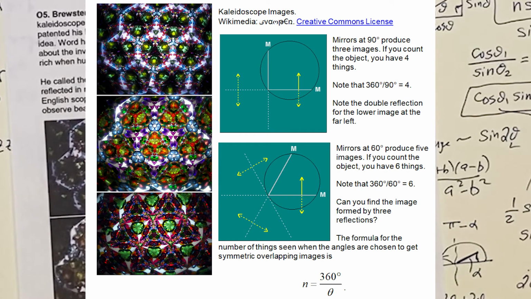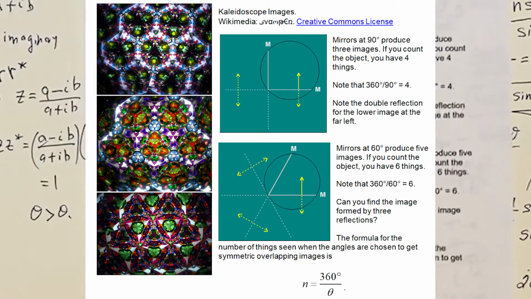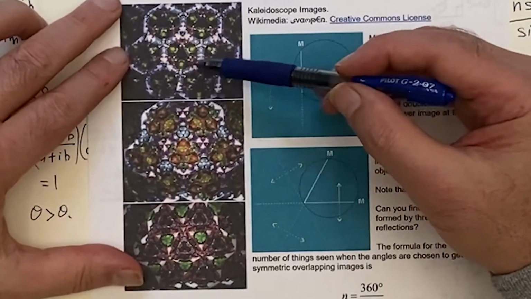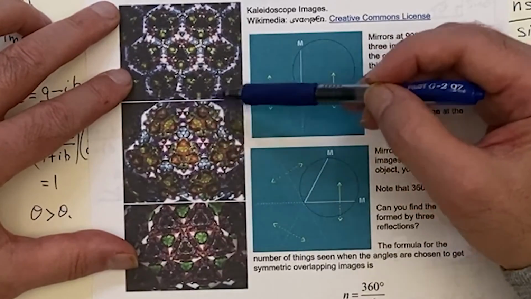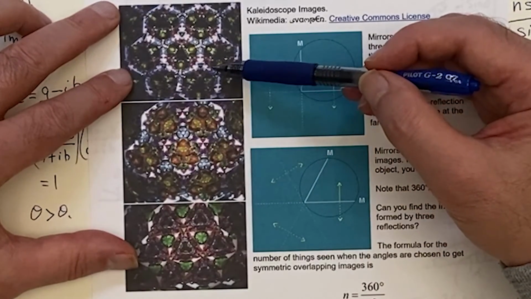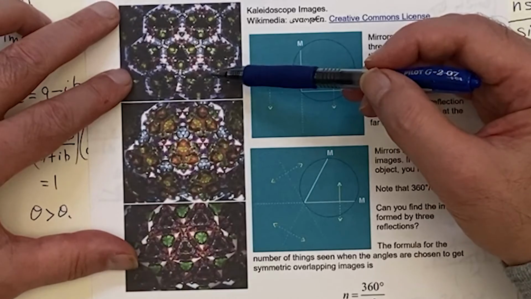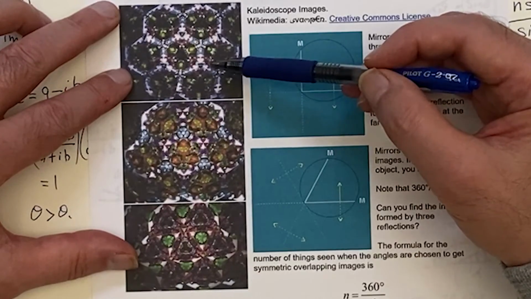I could imagine Brewster giving these to his niece or something, saying, here's a present, a kaleidoscope, wow. And he patents it, but word got out about his idea, and they started making them before the patent was official, so he didn't make much money, hardly at all, when hundreds of thousands of these things were sold.